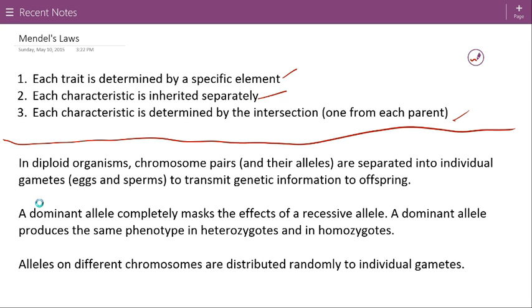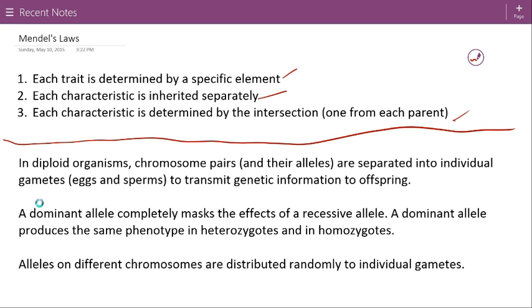Second, the dominant allele completely masks the effects of the recessive allele. A dominant allele produces the same phenotype in heterozygotes and homozygotes. And third, alleles in different chromosomes are distributed randomly to individual gametes.